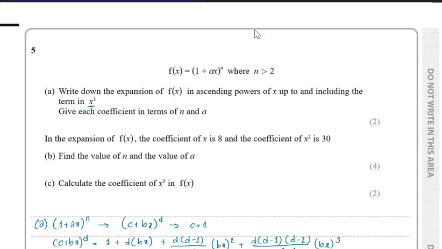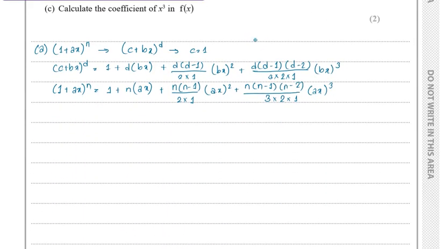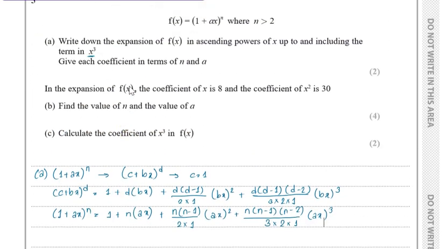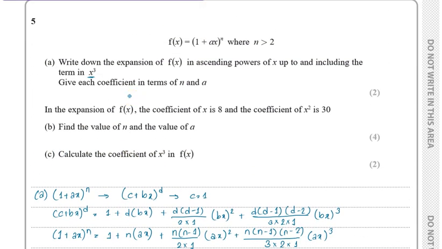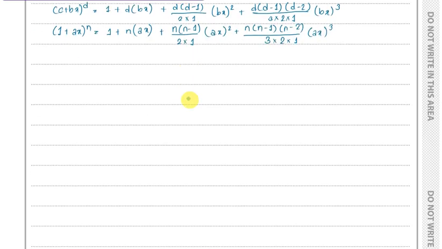So this is the expansion for part A, but they have asked us to expand and give each coefficient in terms of n and a. So if I want to give it in terms of their coefficient, 1 is actually the coefficient of x to the power 0, so we don't write that, since x to the power 0 is equal to 1.